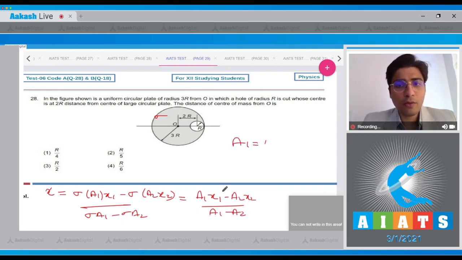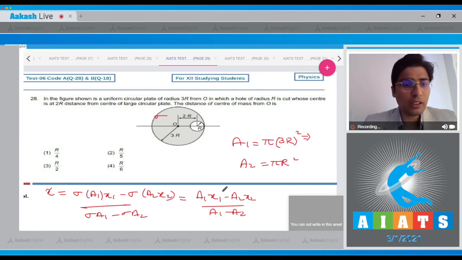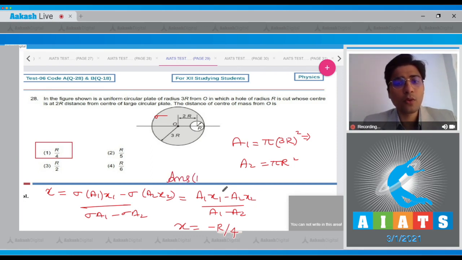Herein A1 will be equal to pi into (3r) square, and A2 will be pi into r square. On putting these values, we get a value of x to be equal to minus r by 4, and hence for this question the correct answer is option number 1.